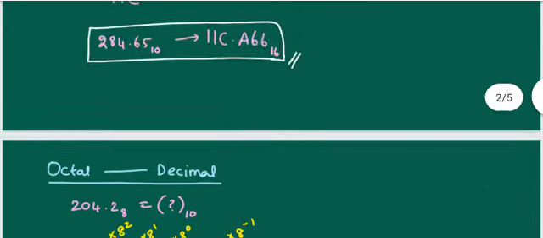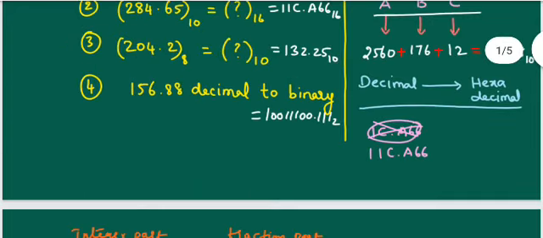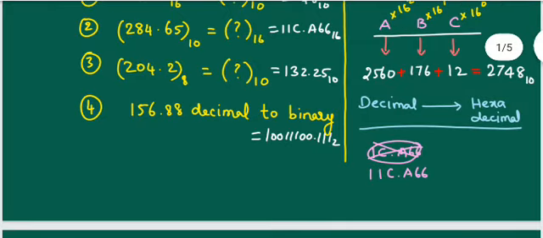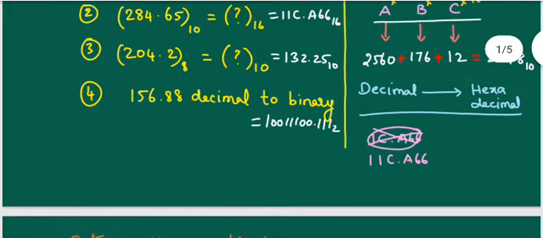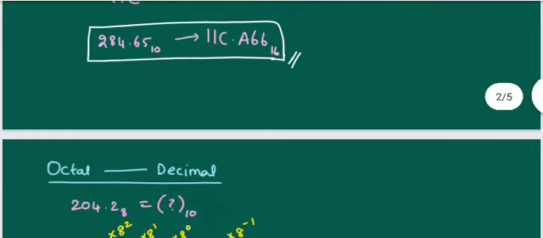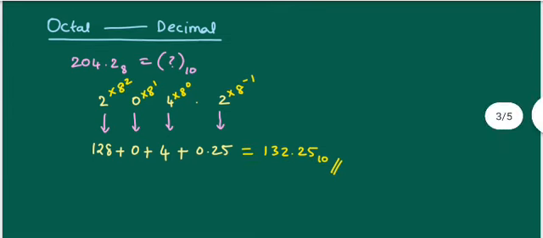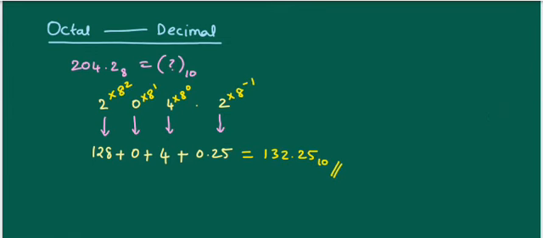So third problem, see the question. 204.2 is the given octal number. We want to calculate the decimal equivalent of the given octal number. So generally, if we are calculating the decimal value, what is the method we follow?